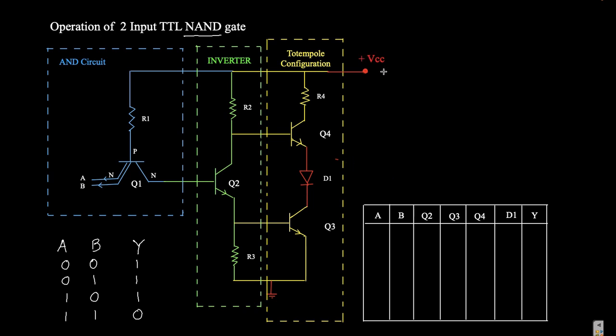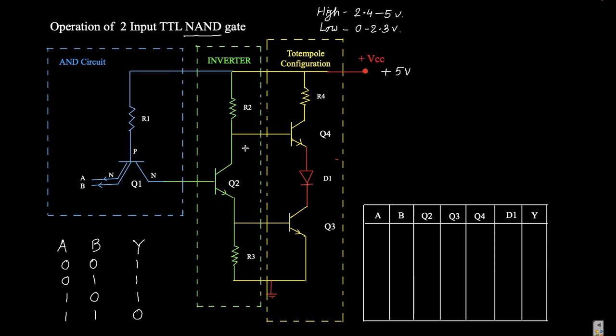Now, plus VCC is 5 volts. High means 2.4 to 5 volts, and low means 0 to 2.3 volts.